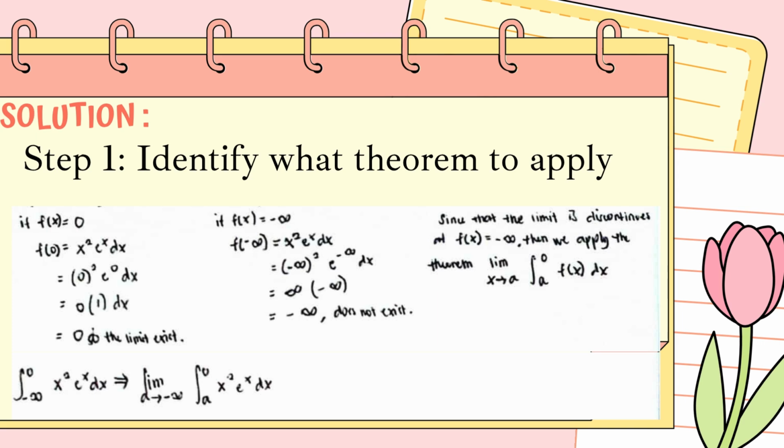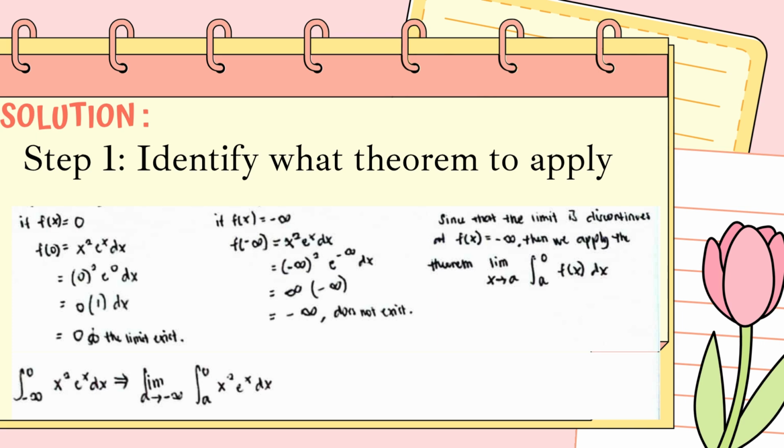So step 1 is to identify what theorem to apply. If f of x is at 0, so f of 0 is x squared e to the x dx.